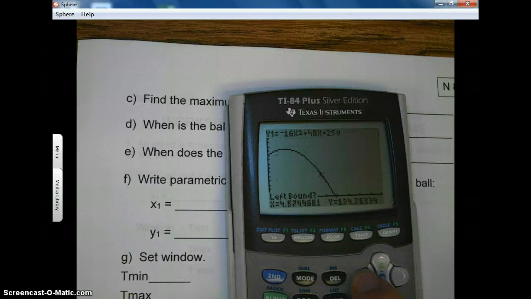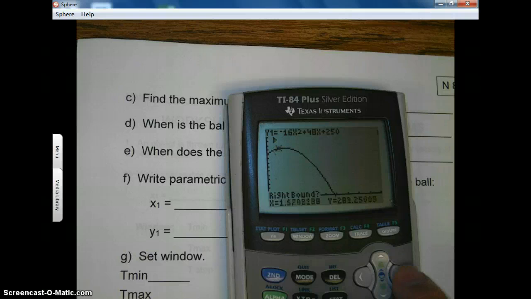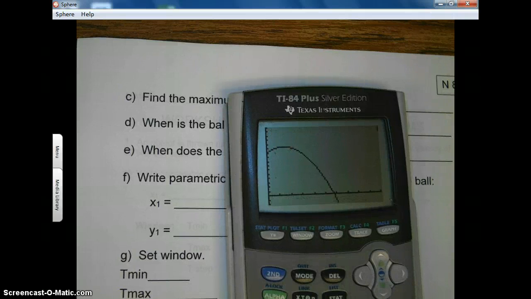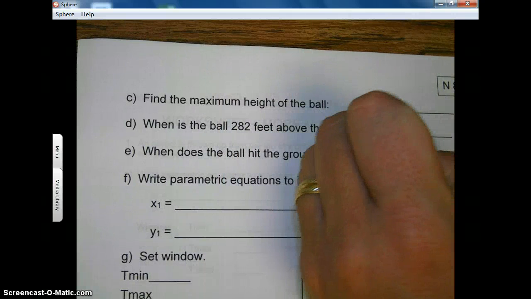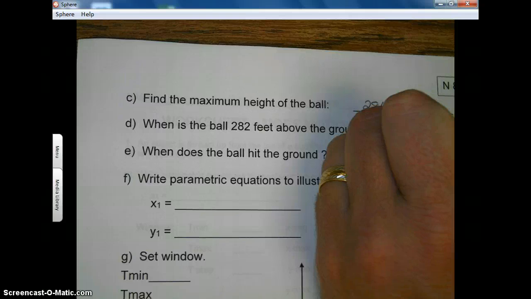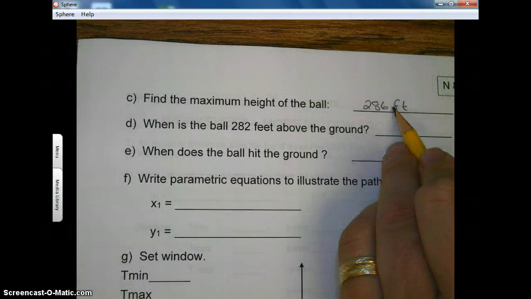I'm going to go left of the maximum, enter. Go to the right of the maximum, enter. So when x is 1.5, y is 286 feet. That's your maximum height.